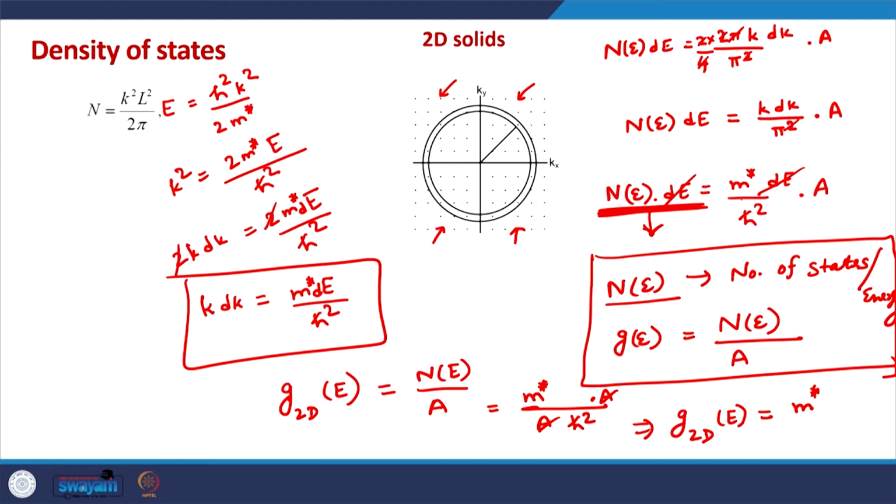So, we will also have a pi here. Essentially it would be m star divided by pi h bar square. So, this is the density of states in a 2D solid as a function of energy. This is the expression for the density of states in a 2D solid.